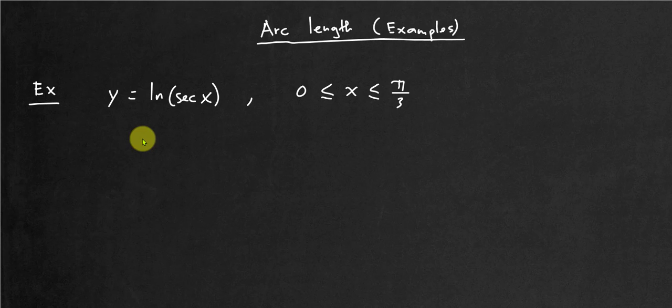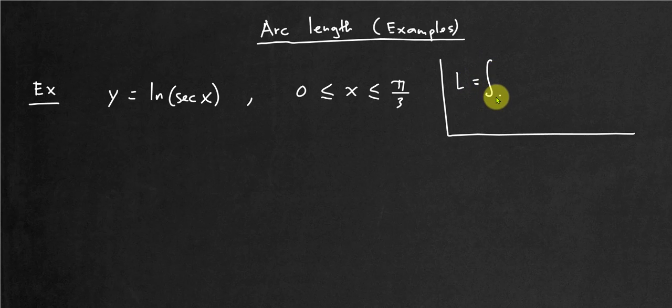If the derivative is continuous on 2 points A and B, then we can find the arc length by this formula: L equals the integral from A to B of the square root of x prime squared plus y prime squared, dt.